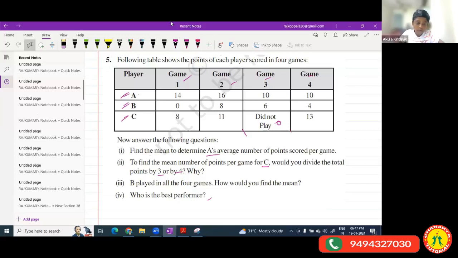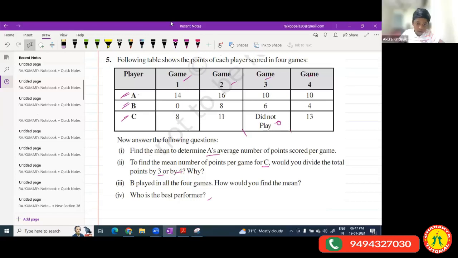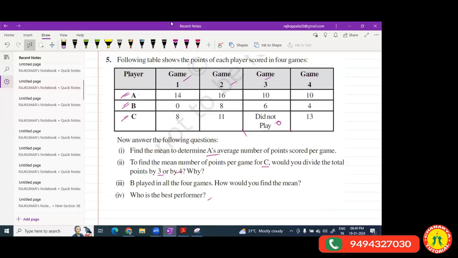If we keep 0 in the sum of observations, no difference. Zero, and you can add. You know how to add zero, no?